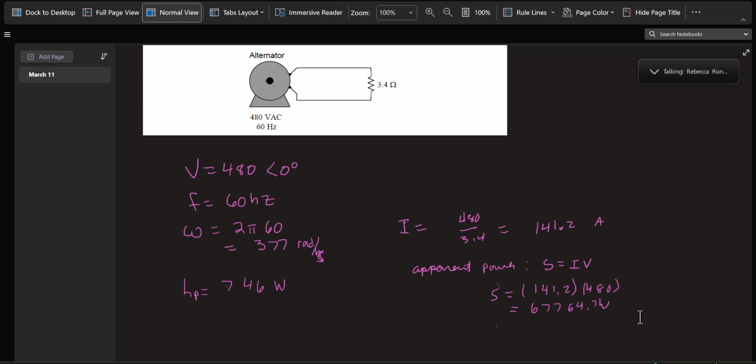So this would be 90.9 horsepower. Okay, so nothing weird going on here. Now let's turn the page.